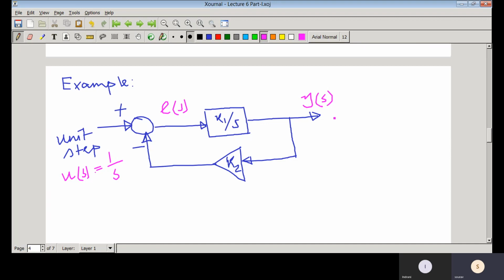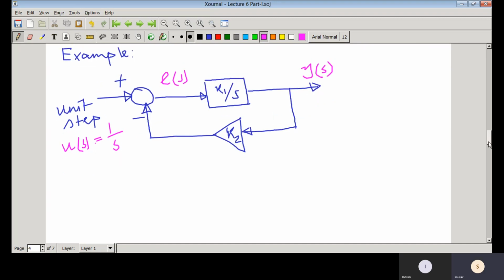So you are asked to find, in this particular closed loop control system, if you apply the unit step function here, what would be the output when t tends to infinity? We'll be applying the final value theorem here.